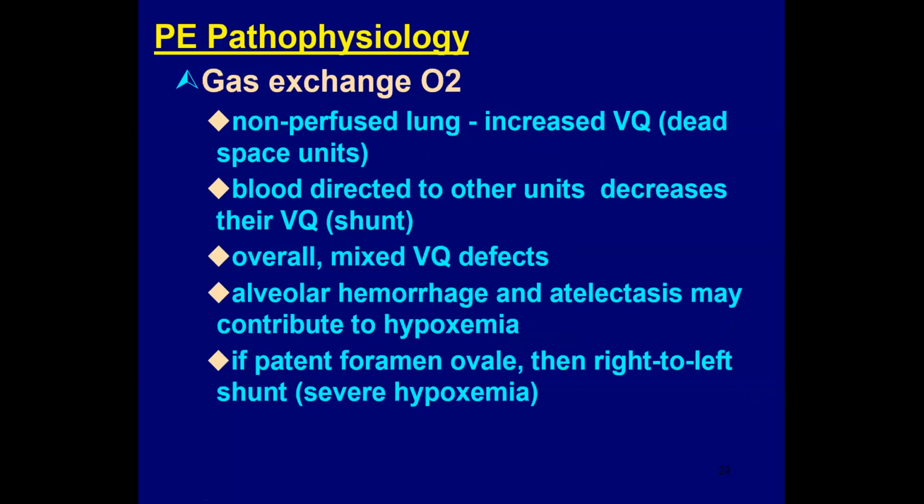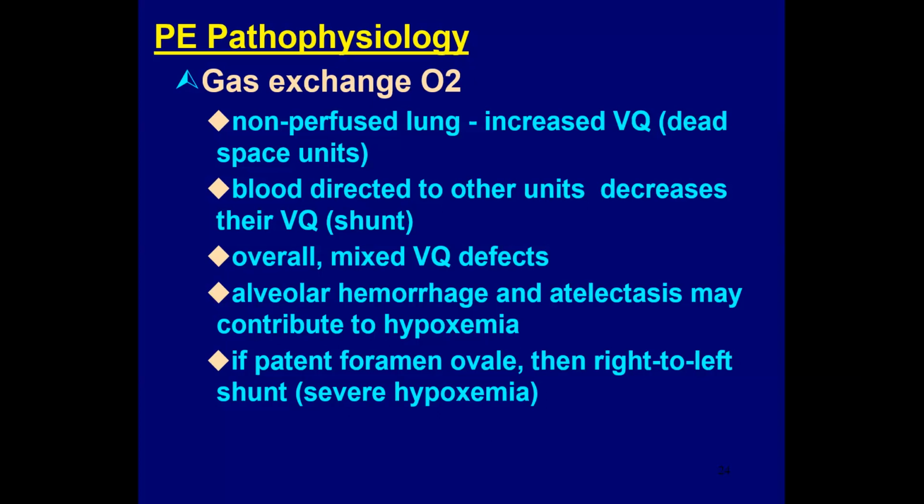The pathophysiology includes changes in gas exchange, of course, because we have non-perfused lung tissue. If the lung is not perfused, we get an increase in the ventilation perfusion ratio. These alveoli that are ventilated without being perfused are dead space units.